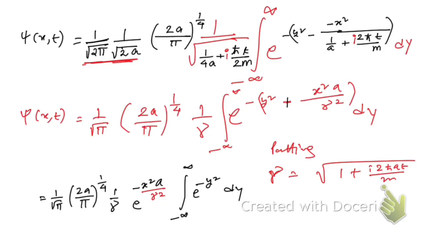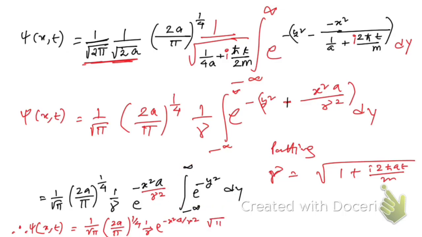So that's why what we're gonna get, therefore psi of x comma t will be equal to 1 by root pi, 2a by pi whole to the power 1 by 4, 1 by gamma, then e to the power minus x square a by gamma square. Then instead of this integral we're gonna put root pi, right?